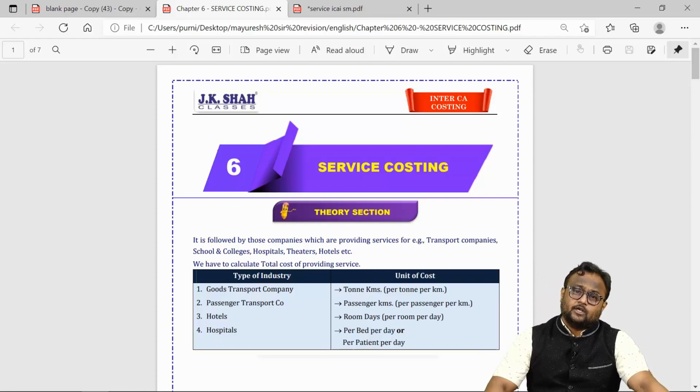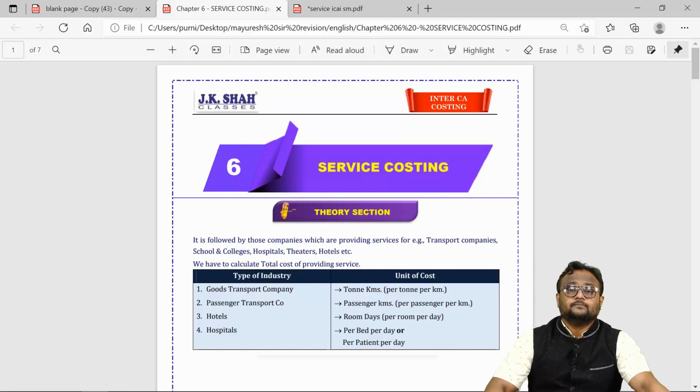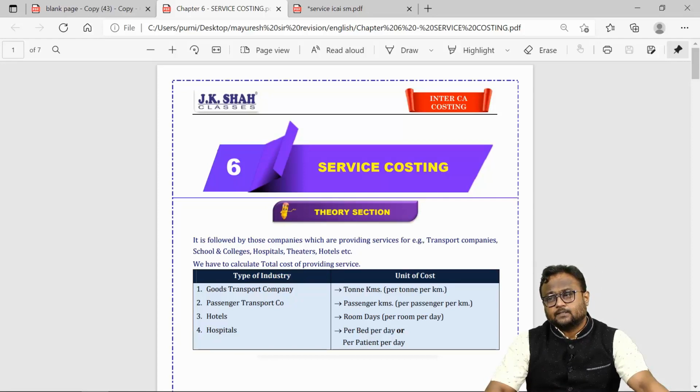If you are running a hospital, you should know how much you are supposed to charge to a patient on per patient per day basis. And if you are going for a hotel room, you will charge your client on a per room per day basis.